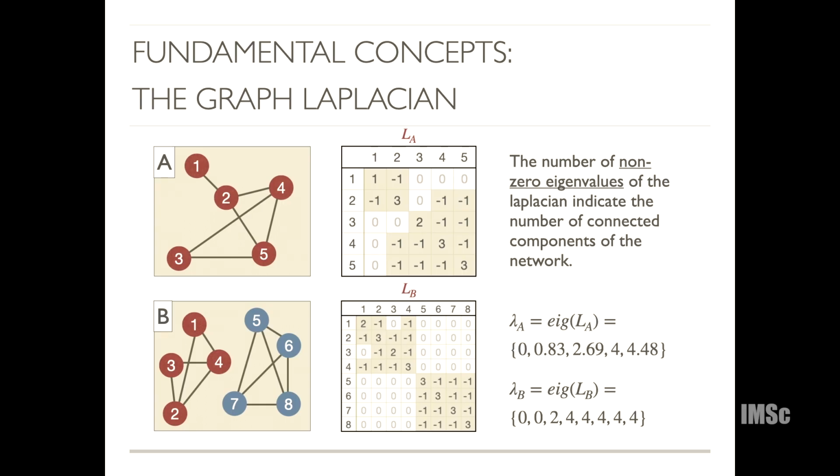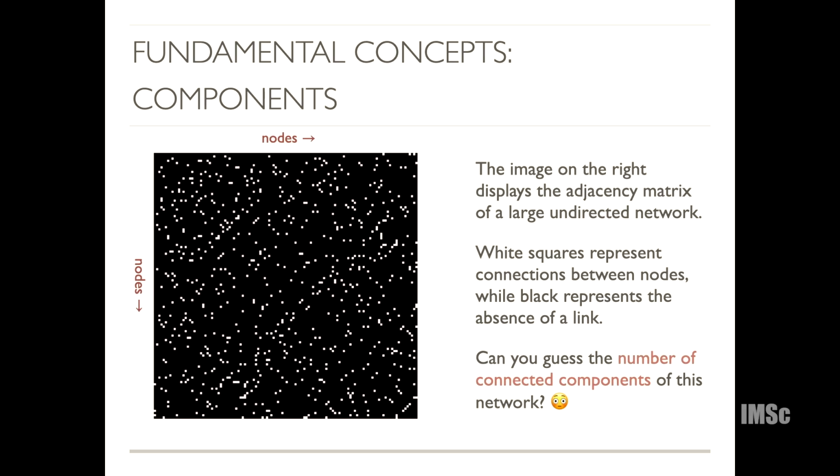This is true for this case and this case, and I can tell you it is true regardless. You have two zeros here, and here you have two components. And for the network I made earlier, it had 3 components, and sure enough, I had 3 zero eigenvalues.